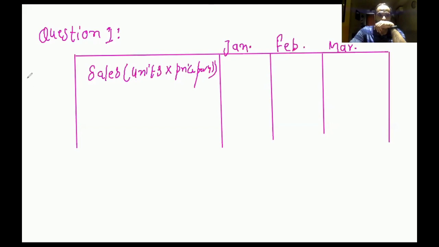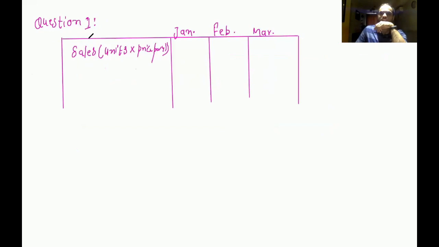That's right. 16,500, not 1,500. 1,500 are only units. You have to multiply by price as well. So January sales is 16,500.